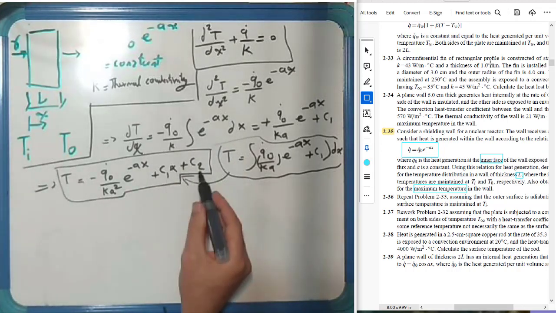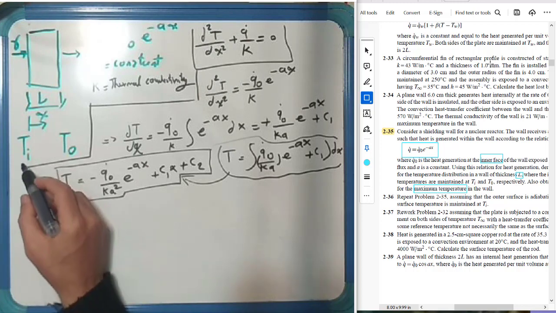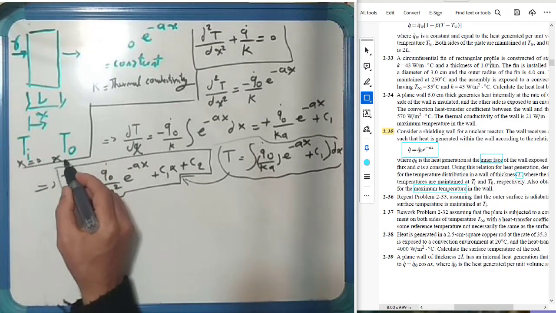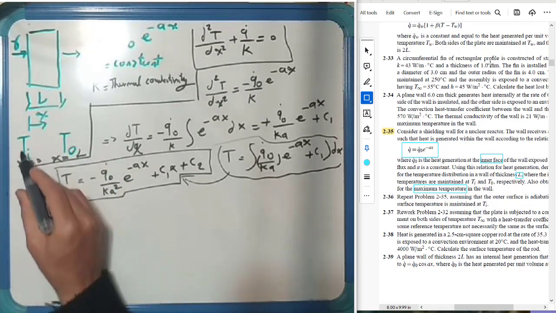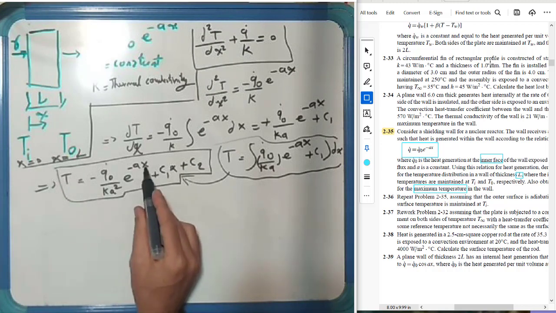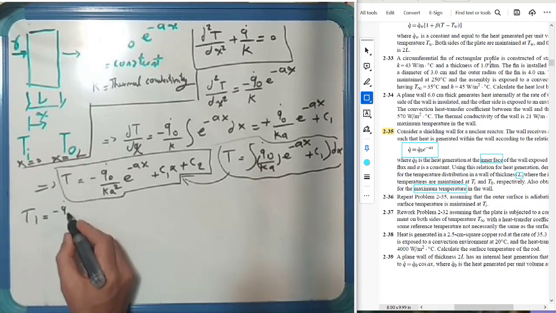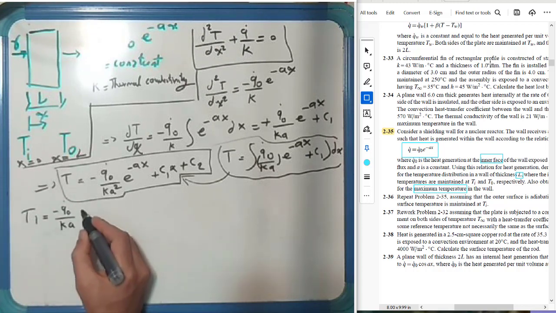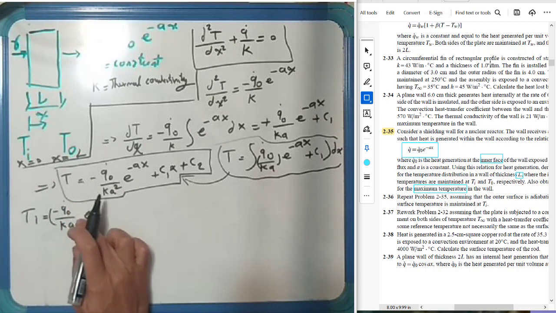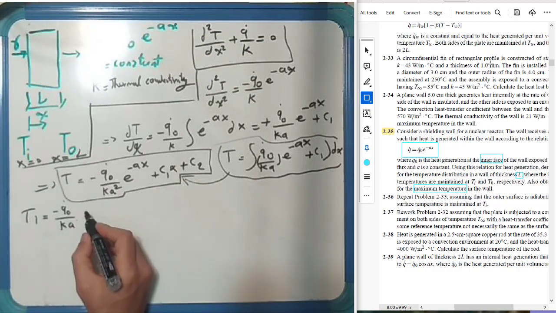Then I have to find these two constants. If I put in the boundary conditions, x equals 0 for this side and x equals L for this one: if I put Ti in place of T and 0 in place of x, it will be Ti equals minus Q naught over k a squared e, sorry, I made a mistake, plus c2.